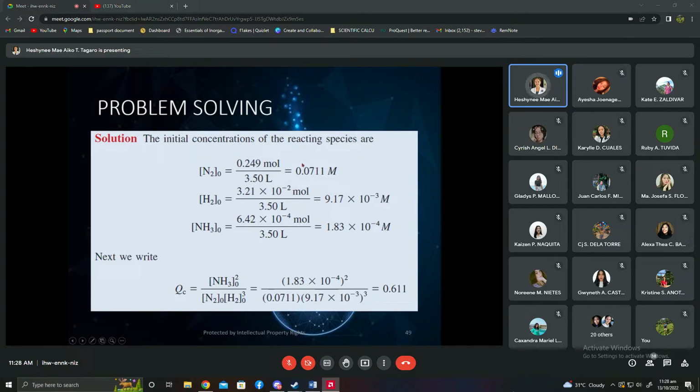Okay? After that, we write the QC expression so that we can have a picture of our working formula, after which you substitute the values. All right? And this will give us a QC of 0.611. Let's go back to the question.